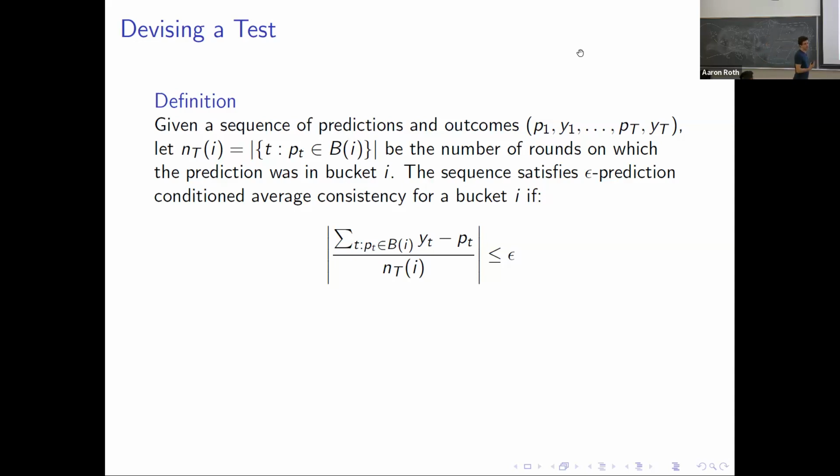So we're asking that his predictions average out to the truth not just marginally, but conditionally on his prediction. His predictions should be right on average not just overall, but also on those days when he predicted a 30% chance of rain. When he predicted a 30% chance of rain, averaged out, it should have rained about 30% of the time. When he predicted a 73% chance of rain, averaged out over all of the days for which he did that, it should have rained about 73% of the time.